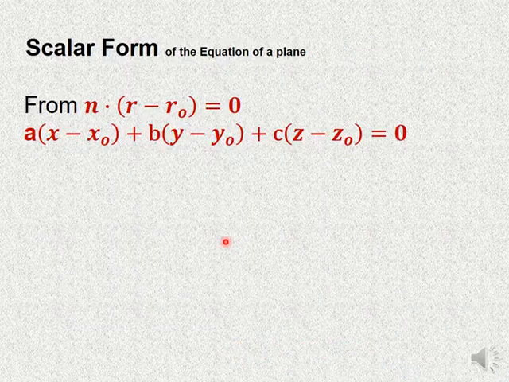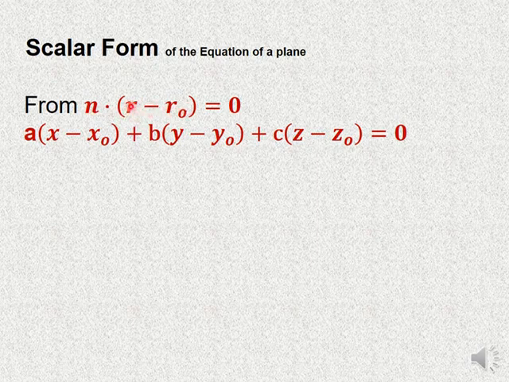Here we have the scalar form of the equation of a plane. If we begin from the vector form which we had, which was n dot (r minus r naught) equals 0, you see r is a position vector of a point, r naught is also a position vector of a point. So these are two vectors dotted together to get the vector form.